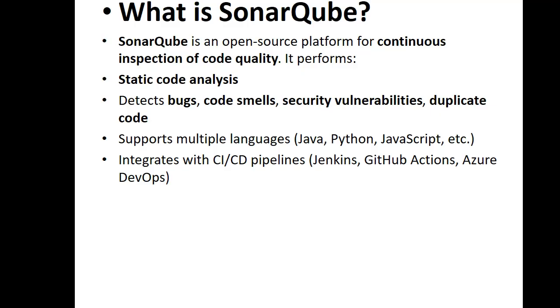It performs static code analysis, and it detects bugs, code smells, security vulnerabilities, duplicate code, etc. It also supports multiple languages like Java, Python, JavaScript, etc. And it supports CI/CD integration with Jenkins, GitHub Actions, and Azure DevOps, like multiple CI/CD tools.